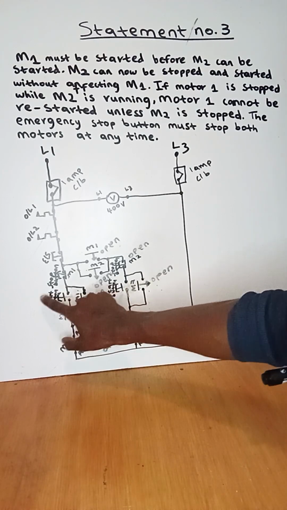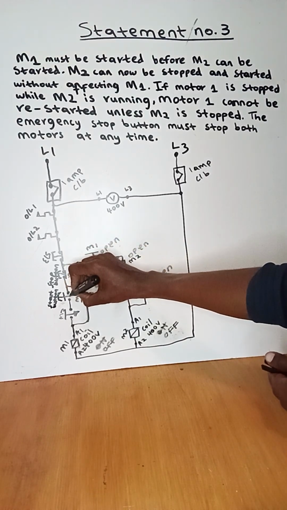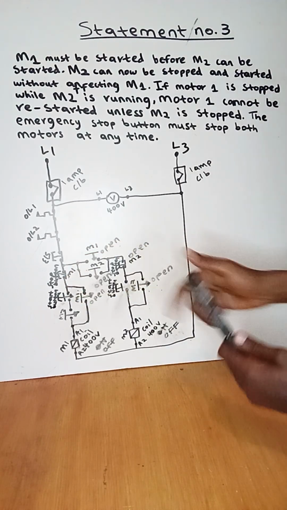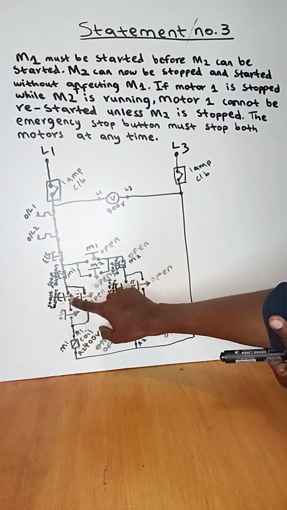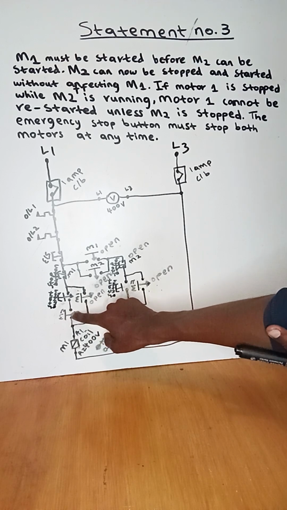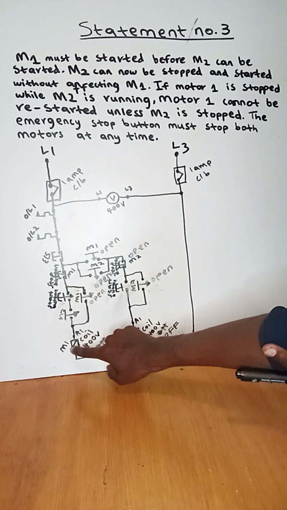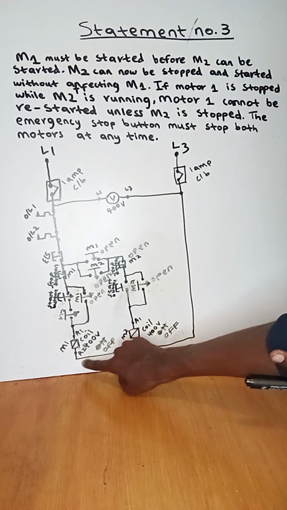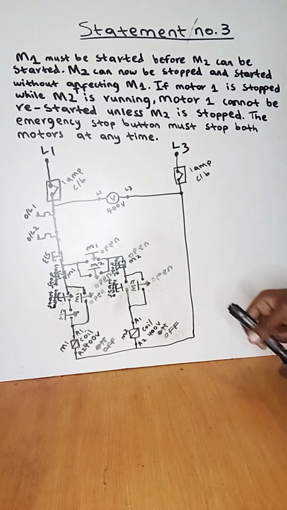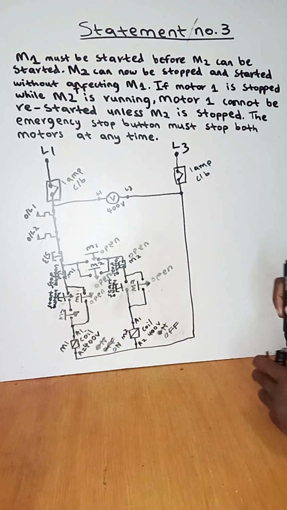I press the start button of motor 1, it creates a closed contact. When it creates a closed contact, live current from live 1 will flow and find the closed contact of motor 2, which means right now current will flow all the way to A1 of the coil of motor 1, and then from A2 it will also get live 3, which means right now the coil of motor 1 will be on.